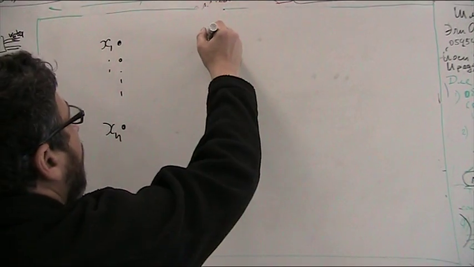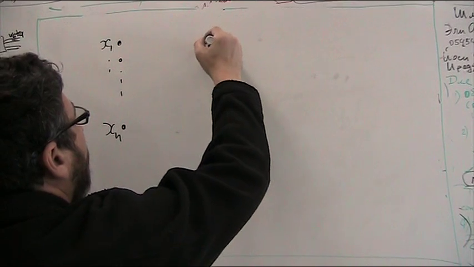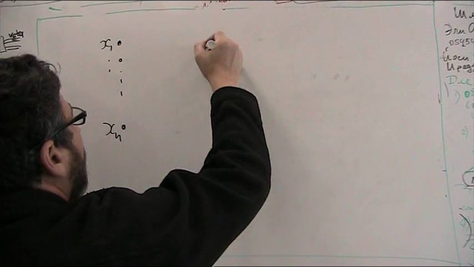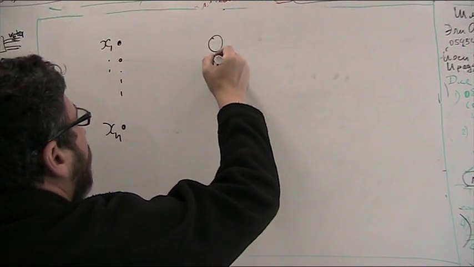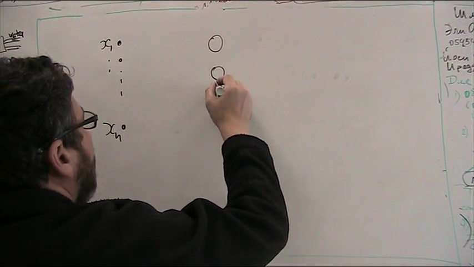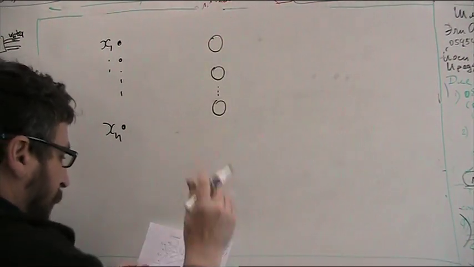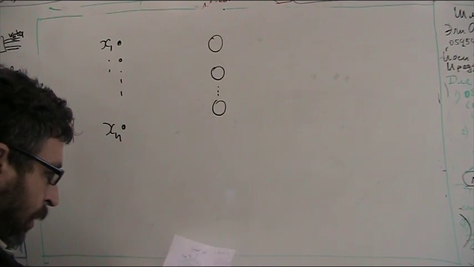and let us put several neurons. How can I denote them?